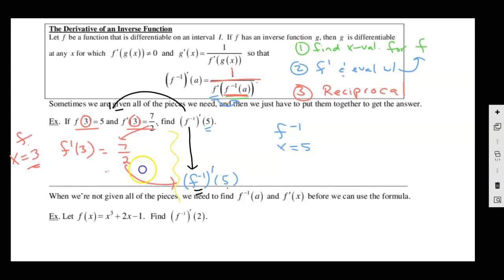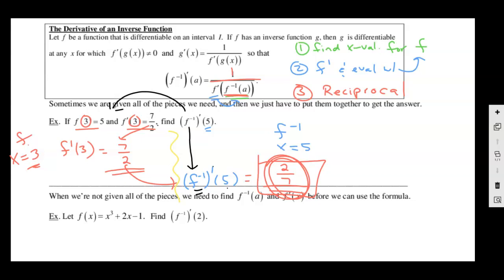What's the relationship between the derivative of the original and then the derivative of the inverse, right? They were reciprocals. So if the derivative of the original is 7/2, then the derivative of the inverse is going to end up being 2/7. And that's it, right? This answer is 2/7. It's really a much weirder, kind of seemingly more complicated question than it really ends up being mathematically.